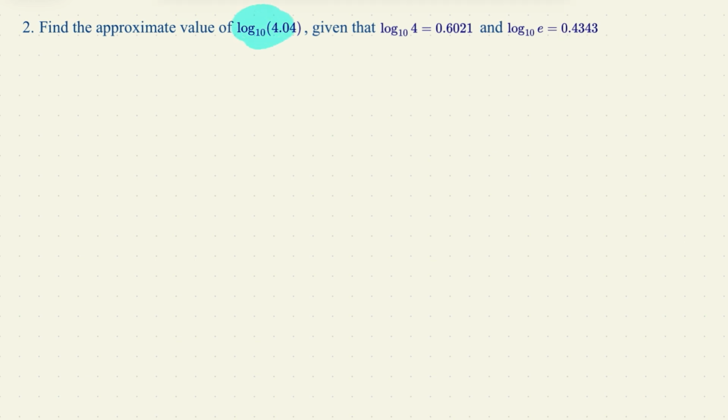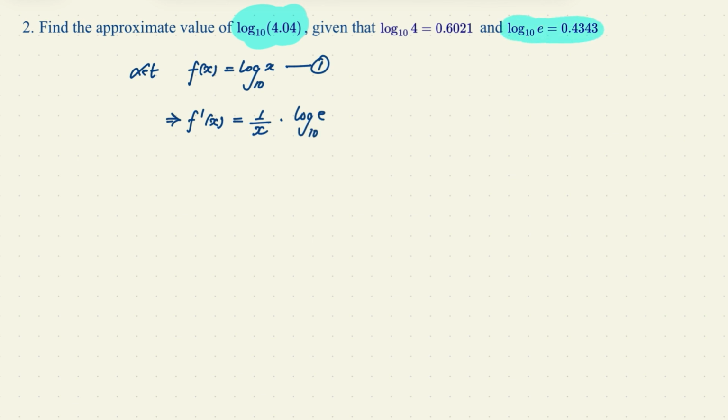Now looking at the question, we will define a function. So let f of x equal log of x with base 10. So let this be equation 1, and if I differentiate this, then it will be f dash of x equals d/dx of log x, which is 1 by x, and since the base is 10, here we have log of e with base 10 also, and since the value of log of e with base 10 has been given, we will put it here.